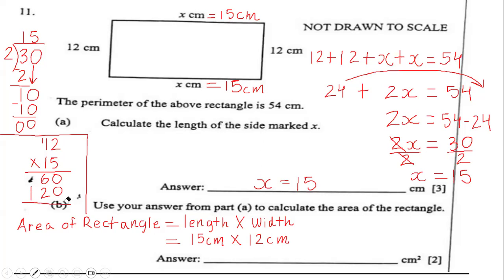And we have to add them, right? So 0 plus 0 is 0. 6 plus 2 is 8. 1 plus 0 is 1. Very good.